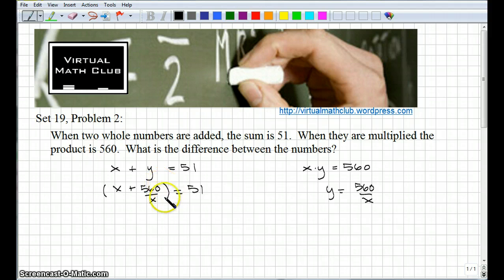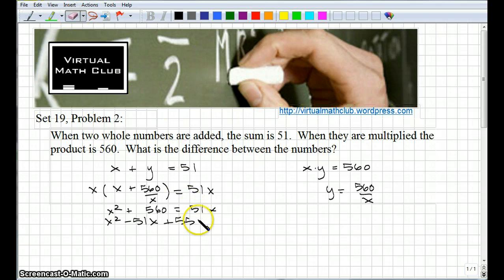So if we multiply this whole thing by x, and this thing by x, we end up with x squared plus 560 is equal to 51x, which we can rearrange as x squared minus 51x plus 560 equals 0.